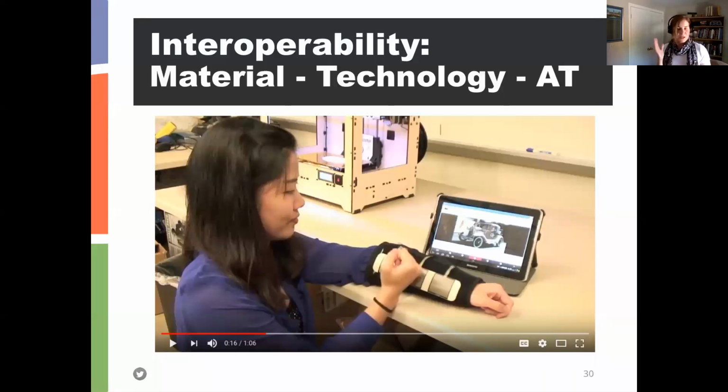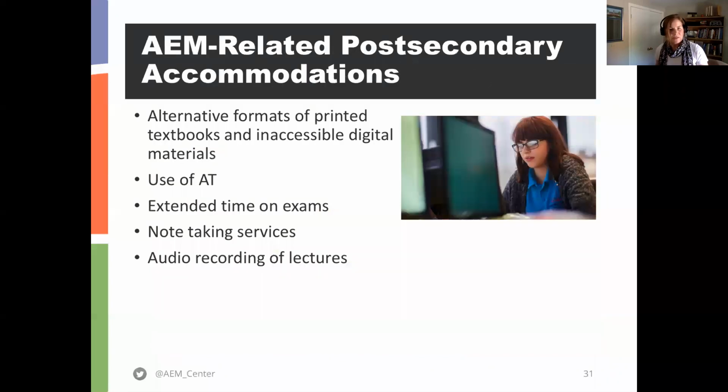This switch could be placed on a wheelchair, and it could be activated with head movements. So this is another example of, in this case, material technology, assistive technology harmony. So we know that this access is possible, that learning materials and technologies can be available to all students to have the same opportunities for learning.